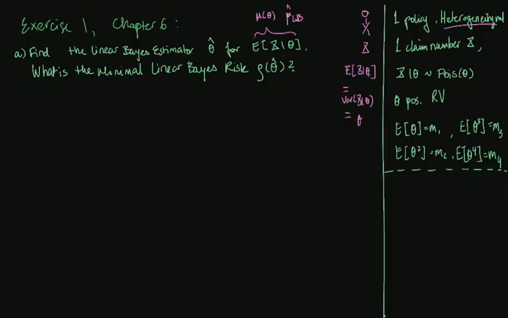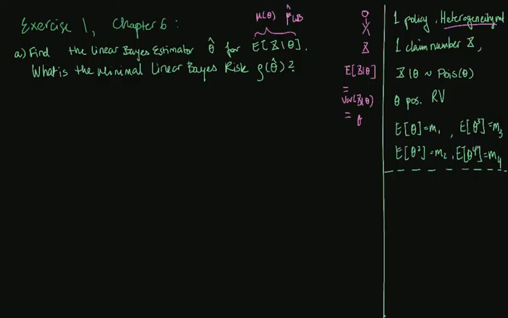However, we have just established that since x given theta is Poisson distributed, this expected claim number will be equal to theta. So essentially what we need to do is to estimate theta. So the linear Bayes estimator will just be denoted theta hat here. And then afterwards, we're also asked to find the minimal linear Bayes risk rho of theta hat.